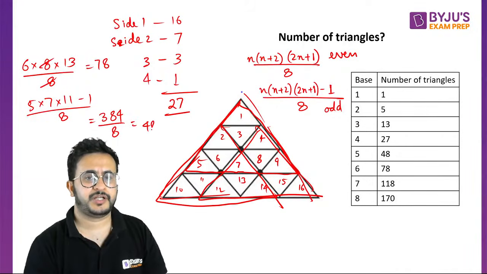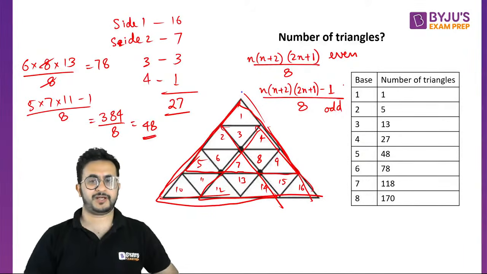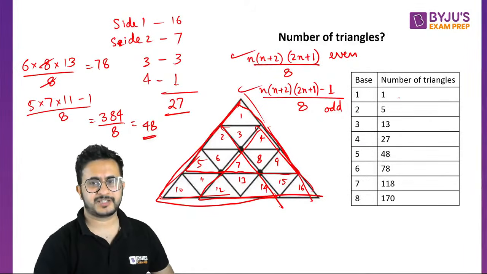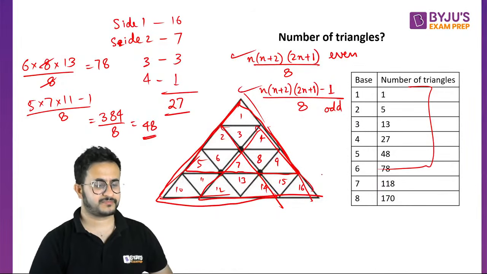We will get 48. So that is the formula. If you want to remember the formula, this is the formula, or just remember the table. They won't ask beyond 5 or 6. In the worst possible scenario, they will generally ask this.